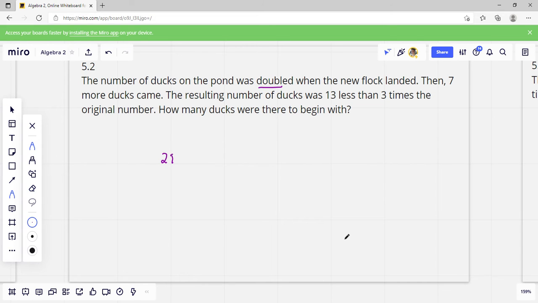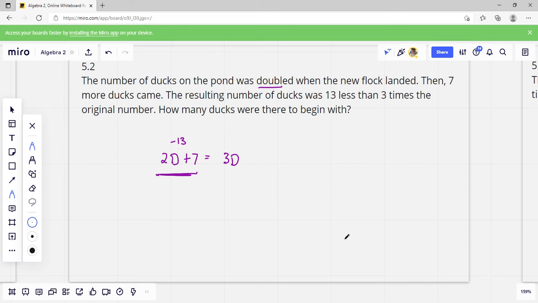So we'll call them D. 2D, 2 times the number of ducks, when the new flock landed. Then 7 more ducks came, so then we got 7 more. The resulting number of ducks, so this number right here that we've already written, is 13 less than 3 times the number.